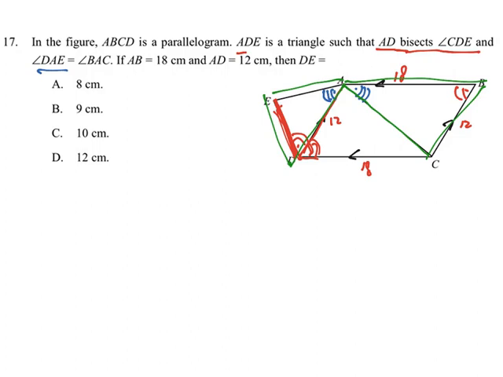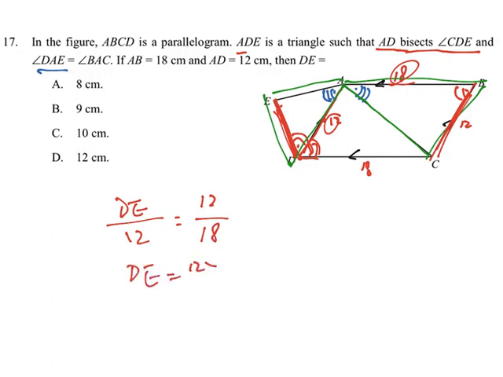DE corresponds to this 12, and the given ones are this 12 with this 18. So it's 12 to the big one, 18. So DE is 12 times 12 divided by 18. So the answer is 8. So the answer is A.